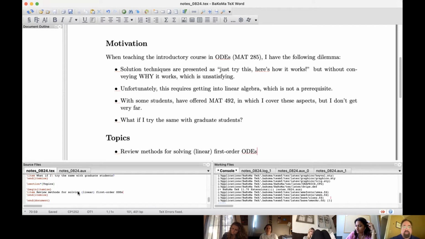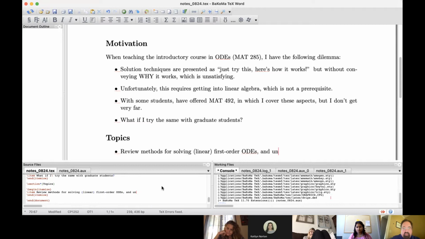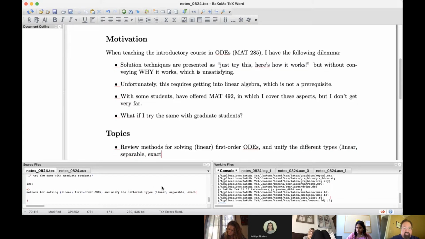So I want to review what is normally taught about those kinds of equations, at least with regard to linear problems, and I want to unify the different types: linear, separable, and exact. Because in a typical ODE course, these are covered as separate categories and therefore separate solution techniques. But it turns out that the solution techniques you learn in a class like that really all come from one central idea, and that's not really discussed. So I'm going to discuss it.